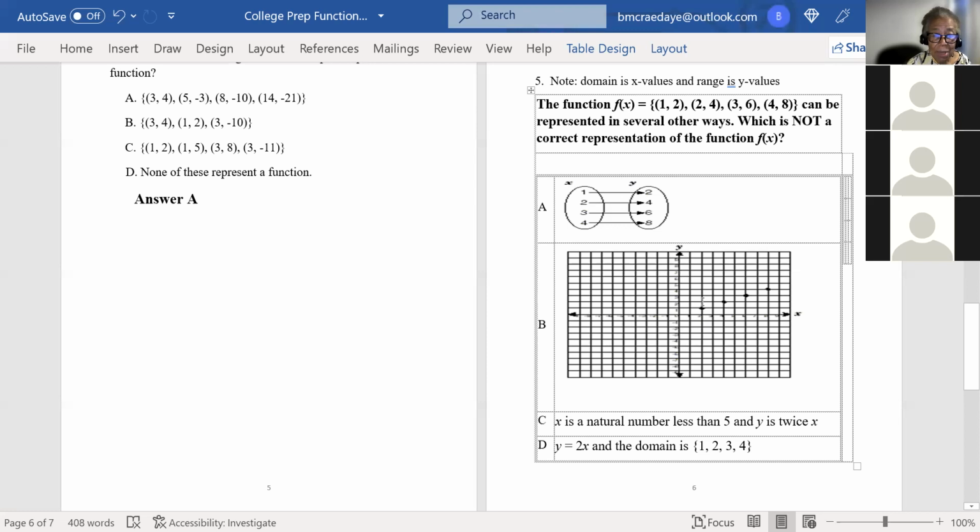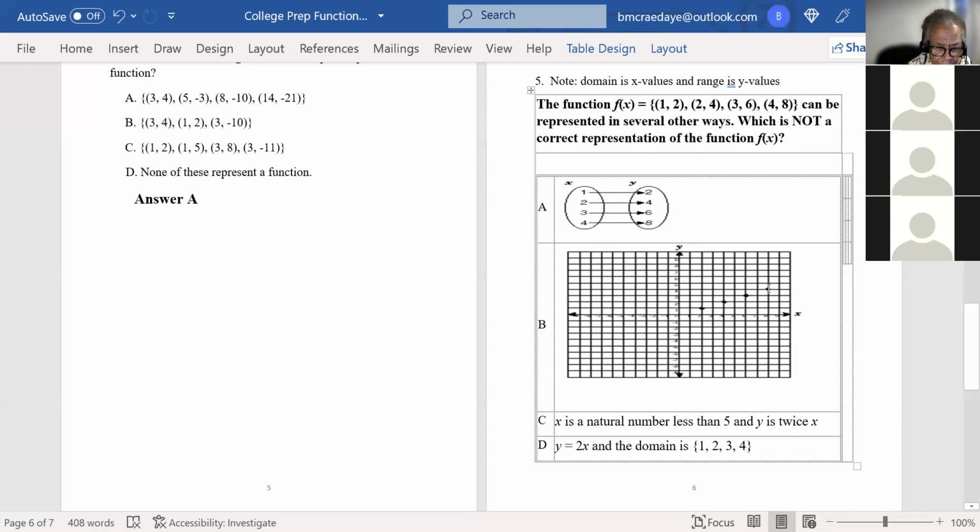Well, we can see right away it doesn't represent, because when X is 2, Y is a 4. So we know this one doesn't represent, but we can go all the way through it. When X is 2, Y is 1. When X is 4, Y is 2. When X is 6, Y is 3.